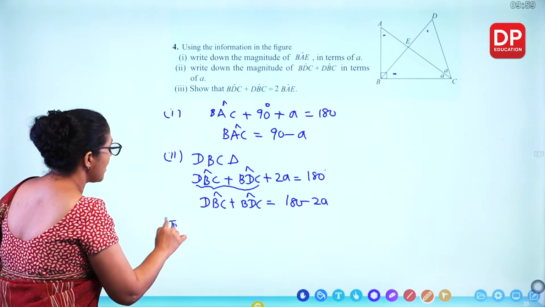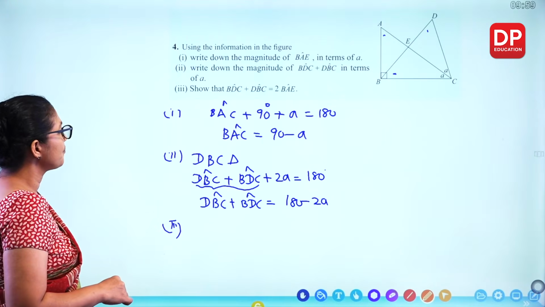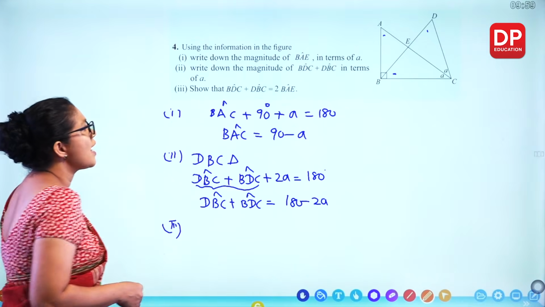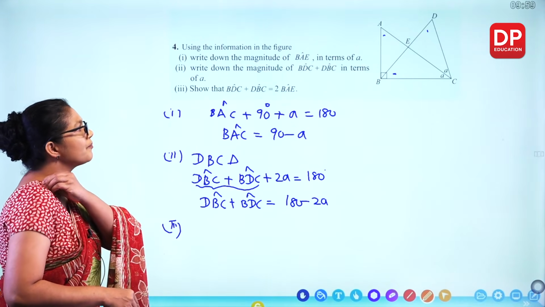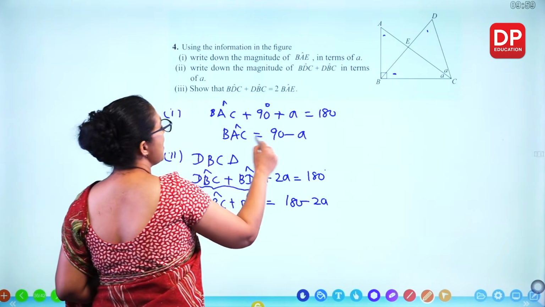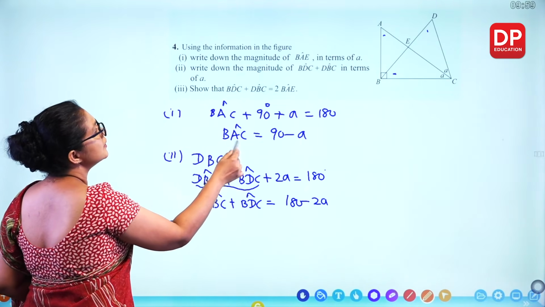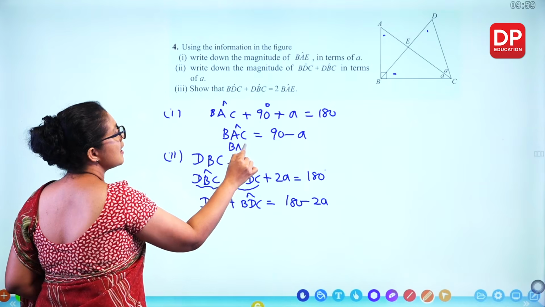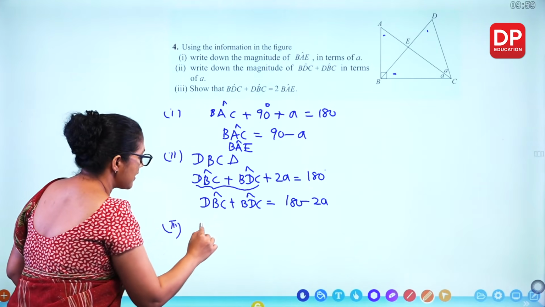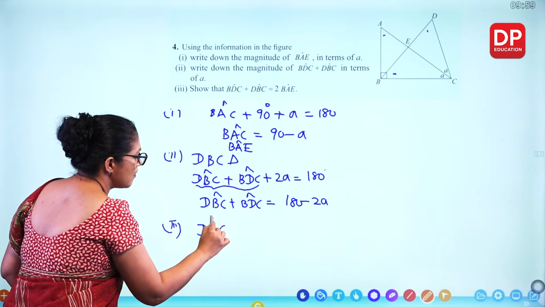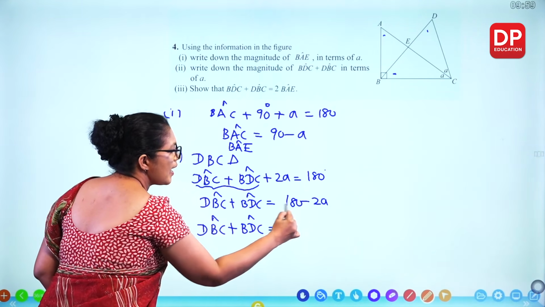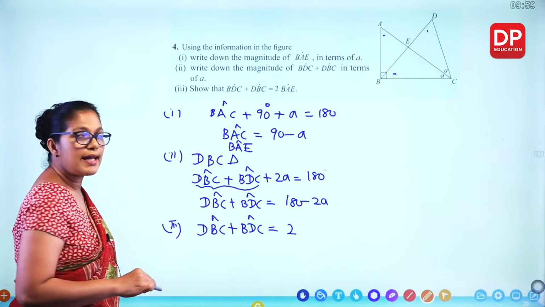Now the third part asks, show that BDC plus DBC is 2 times BAE. BAE, or BAC, is the same as this angle. So this is BAE. Here, what we found in part 2, I can see 2 is common, so I can take it out.